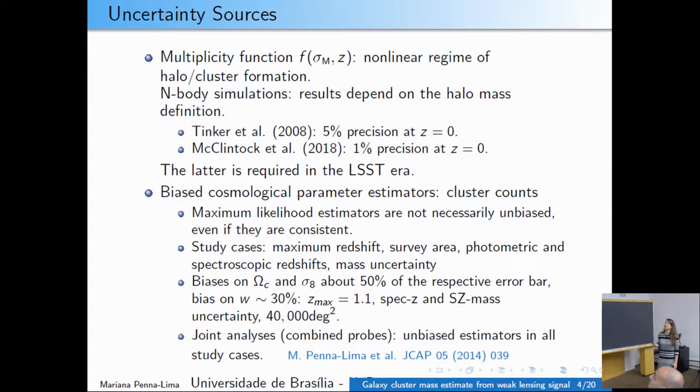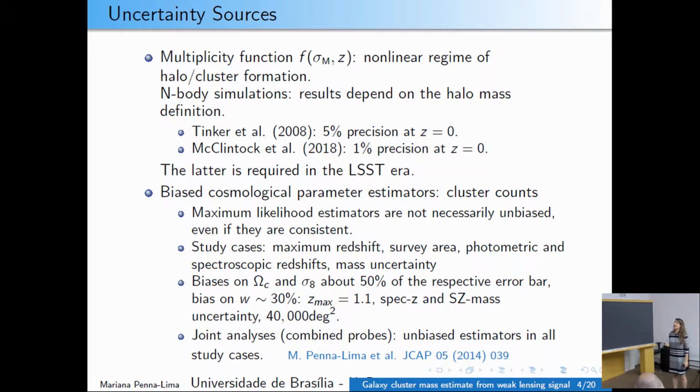And we have that Tinker multiplicity function. We have a 5% precision at redshift 0. And the recent result from Tom, he obtains 1% precision, which is required in the LSST era. Okay, so this is the first uncertainty source that I mentioned.